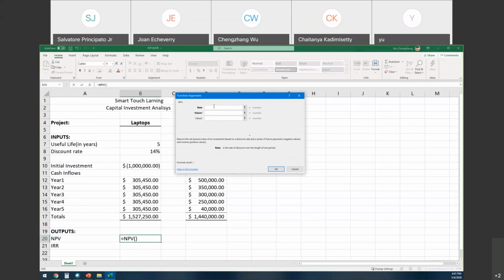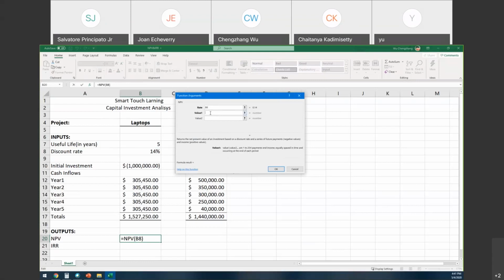Well, the interest rate is listed in B8. So we can click B8 to tell Excel that the number in the cell B8 is the input of interest rate.